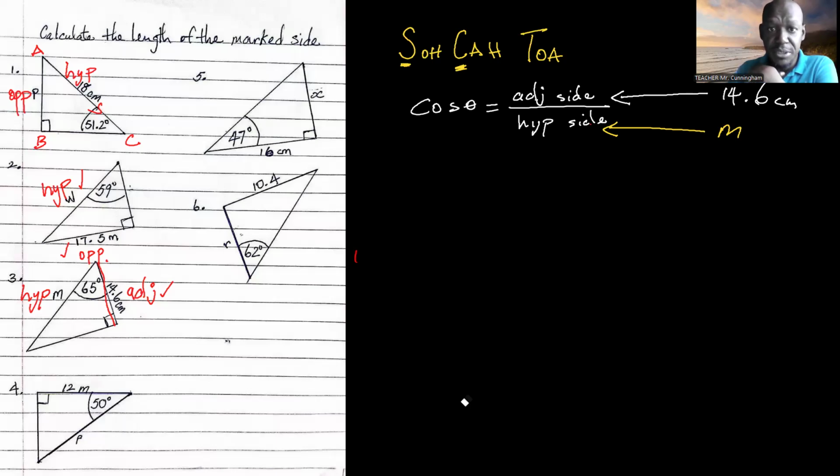Is there anybody I didn't call today? Deshaun. I want Deshaun. For question 4, what are we doing? Tell me what to do, Deshaun. Name the sides.